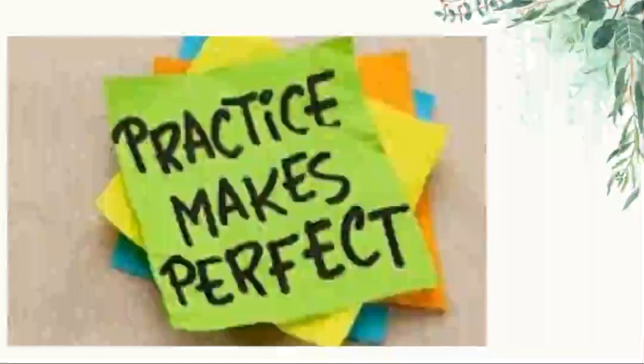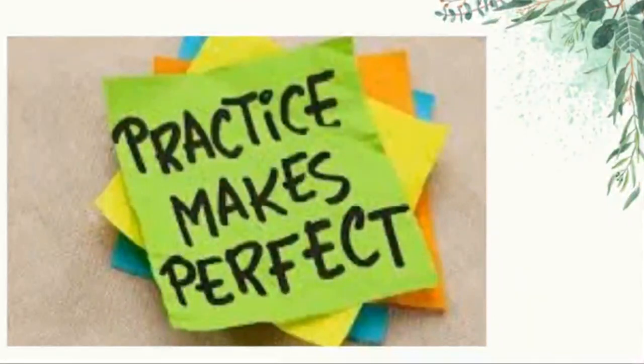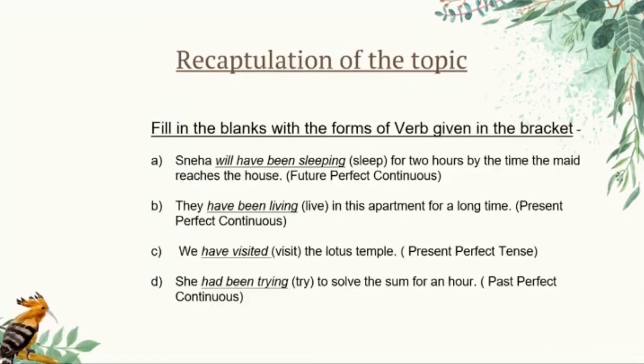As we all know children, practice makes a man perfect. So let us quickly revise the tenses through the exercises. Here children, we will fill in the blanks with the forms of the verb given in the bracket and revise whatever we have learned in this video.